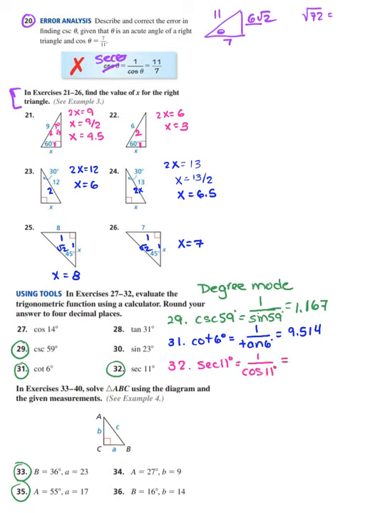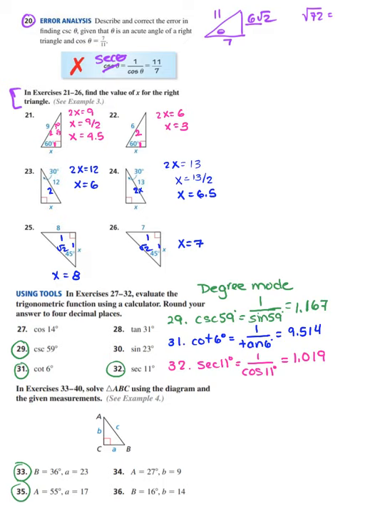So we do 1 divided by cosine 11, 1.019, 1.02 rounding up. That's just how to use your calculator when you don't have sine, cosine, tan: you do 1 divided by. There are other ways you can do things on your calculator, but I'd rather just focus on one method right now.